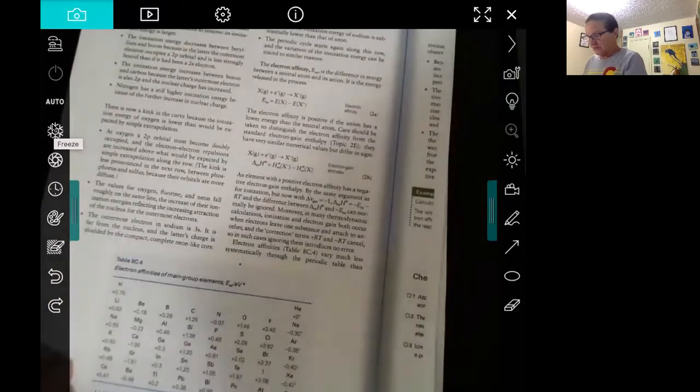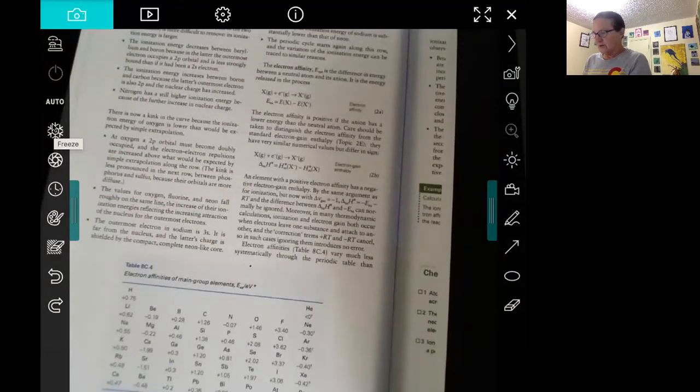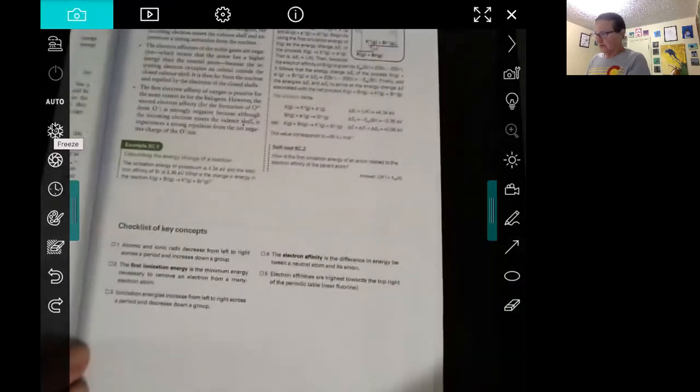But other than that, just read it through. There are only a couple problems in your problem set from this, and they're pretty straightforward. They're pretty much Gen Chem level understanding.